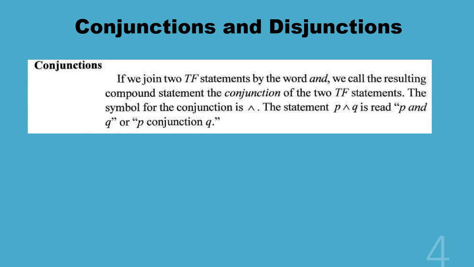Sometimes the word but is used in place of and, and we'll come across that in our studies as we move along. The symbol for the conjunction is this caret, and the statement P caret Q is read P and Q, or P conjunction Q.